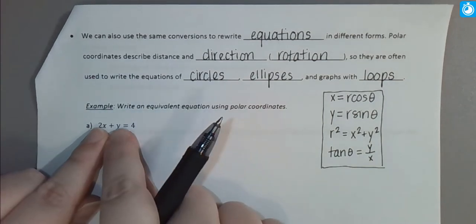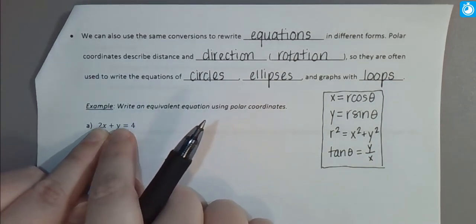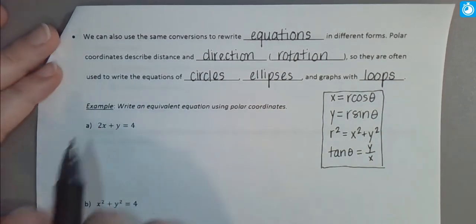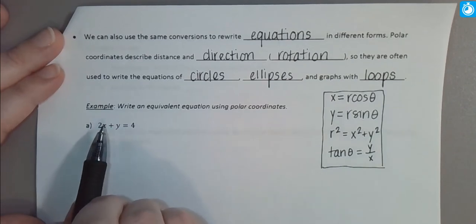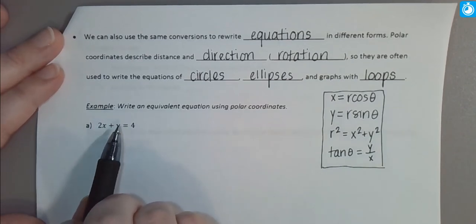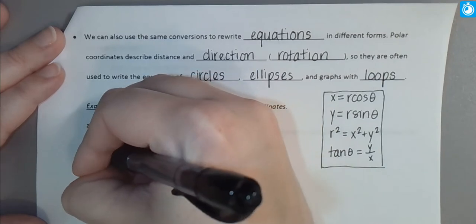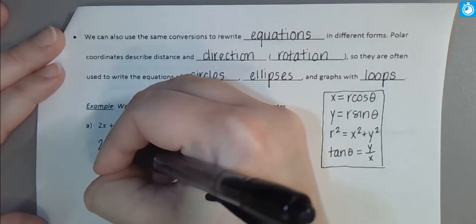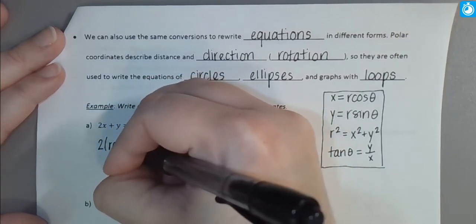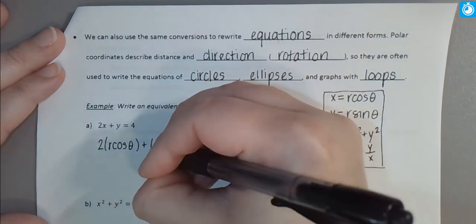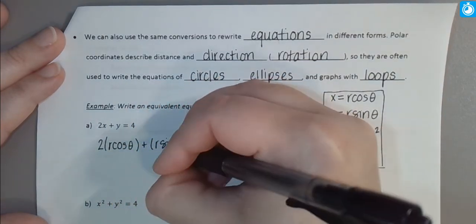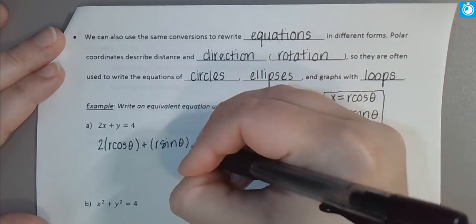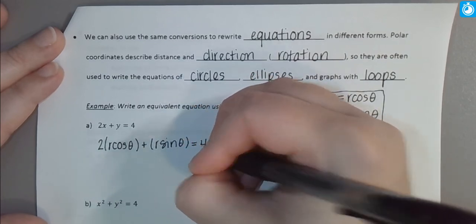Well, we don't have anything special we can do here except to just substitute for x and y. So in place of x, I'm going to put r cosine theta. In place of y, I'm going to put r sine theta. And that, for all intents and purposes, will convert coordinates. But as with rectangular coordinates, typically there's sort of a preferred form for how we want our equations to look.